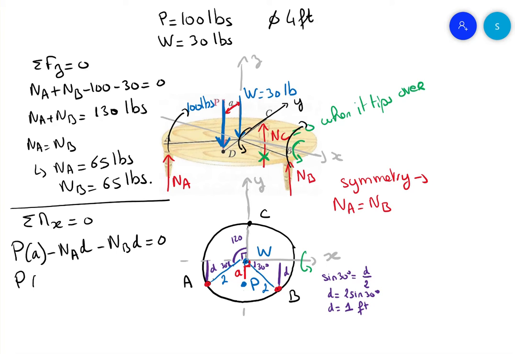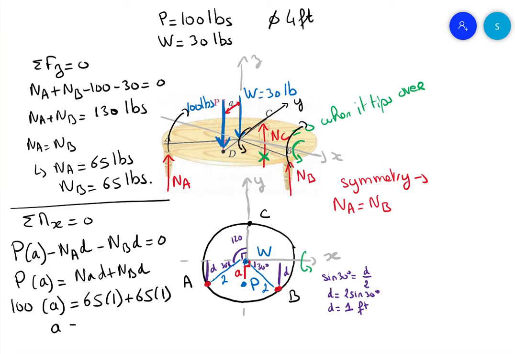So P times A is equal to NA D plus NB D. P is 100, A is the unknown, NA is 65, D is 1, and NB is 65. So A is equal to 130 divided by 100, which is 1.3 feet.